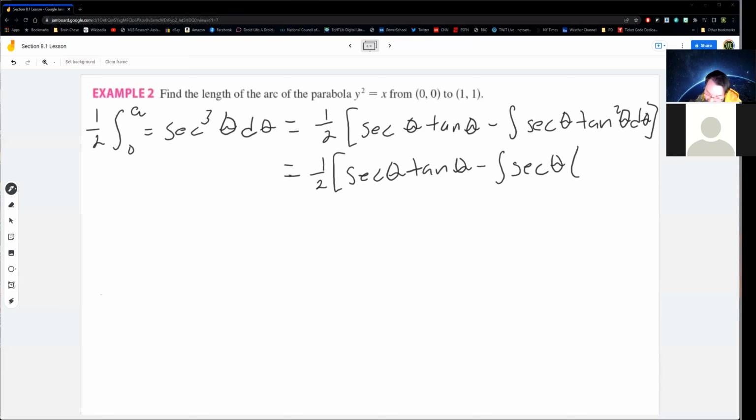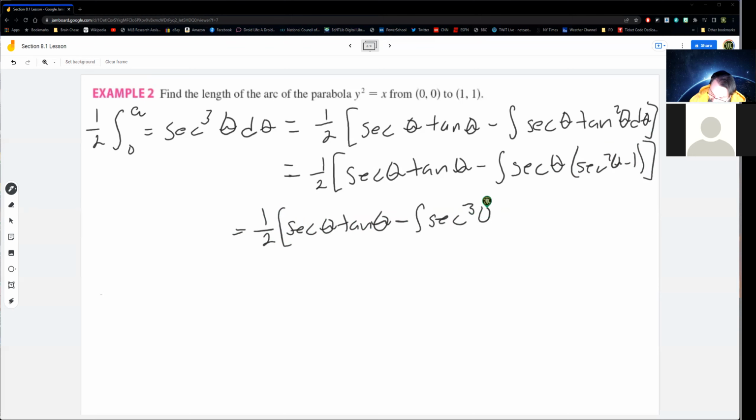I'm used to using the other one. Secant squared theta minus 1. There. So, still extra, we have secant theta tangent theta minus the integral of secant to the third theta, minus the integral of secant theta. I have d thetas in there. I swear, I just didn't write them.